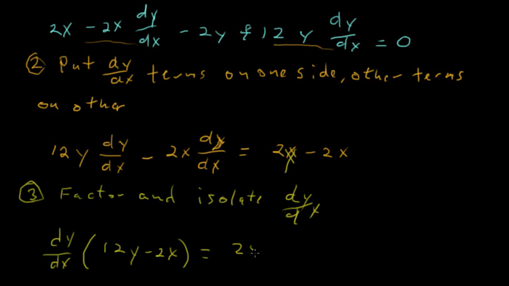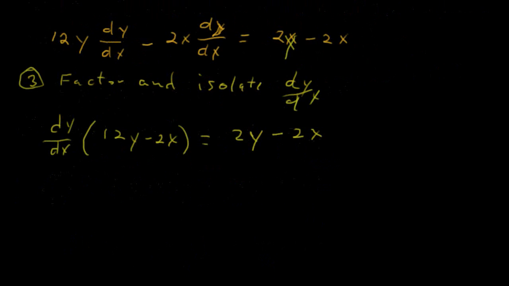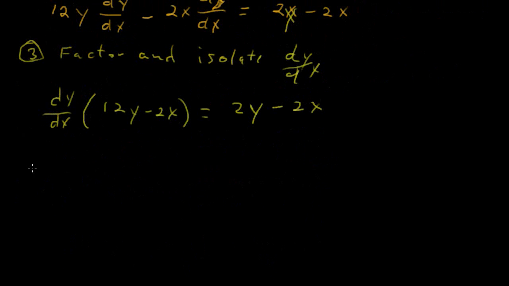Now let's isolate for it. So how do we get dy dx all by itself on the left side of the equal sign? We just divide both sides by 12y minus 2x. And when we do that, it's eliminated from the left-hand side of the equal sign, and then we'll just have 2y minus 2x all over 12y minus 2x.